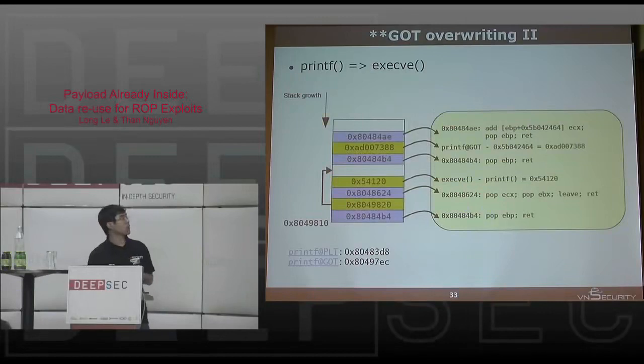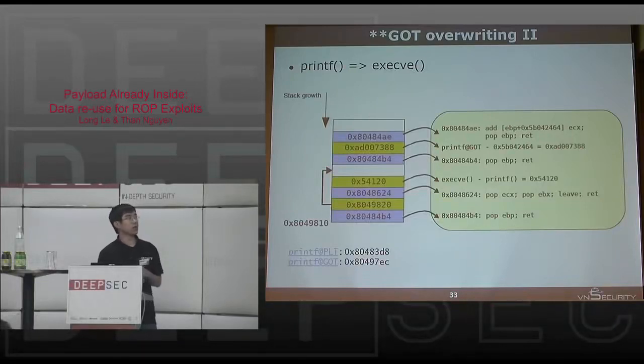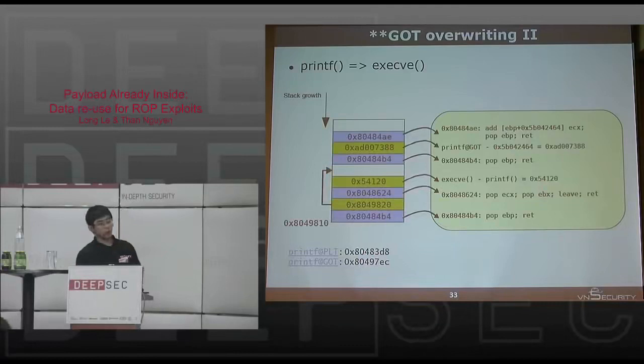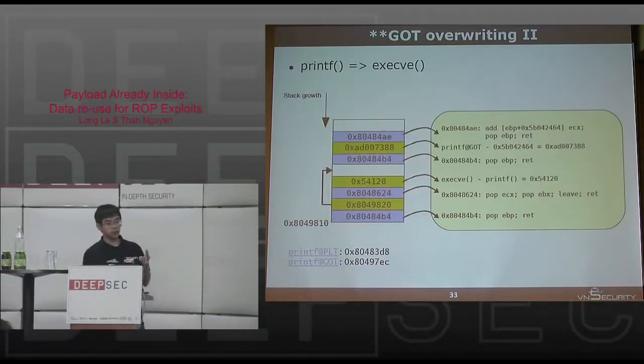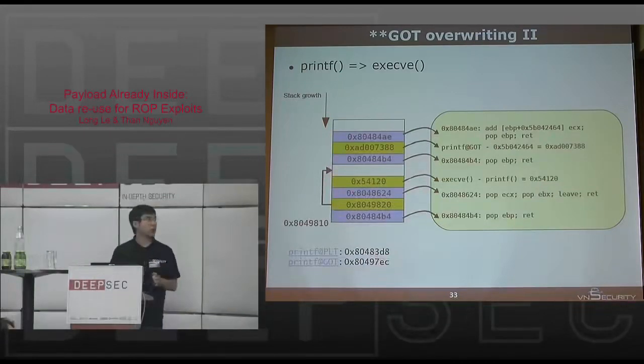So here is an example where you want to resolve the address of execve. You could call something else, but in the binary itself, in the GOT table, there's no execve. So now you need to resolve the address of execve in order to call it.